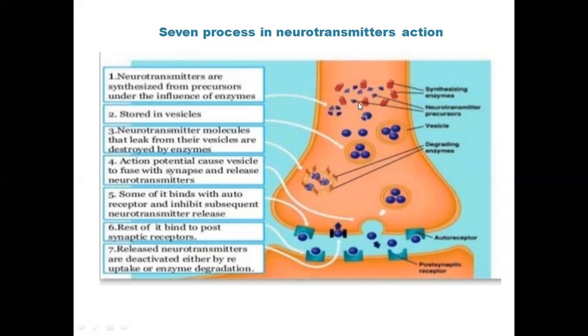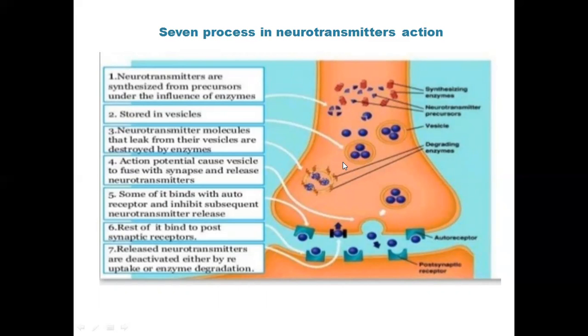These blue dotted or blue diamond shaped products are neurotransmitter precursors. Secondly, these synthesized neurotransmitters are stored in vesicles. These round shaped balls, which consist of three balls, are called vesicles.